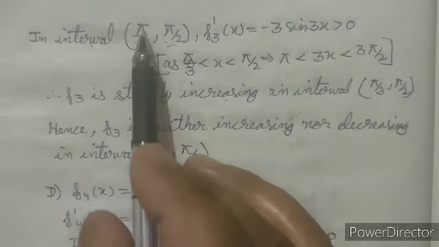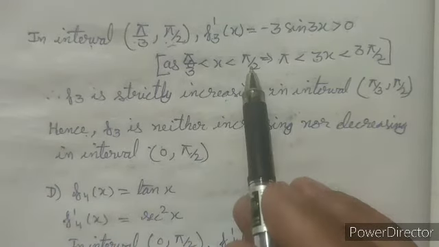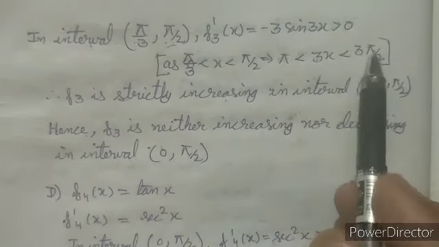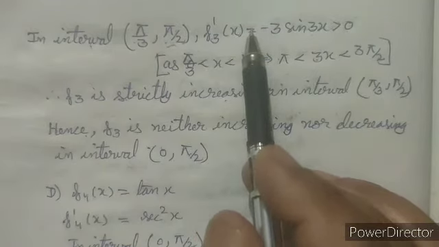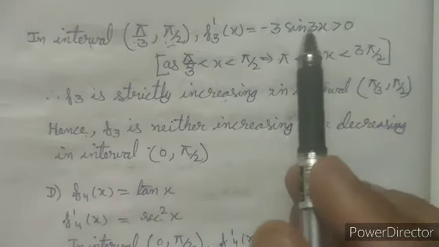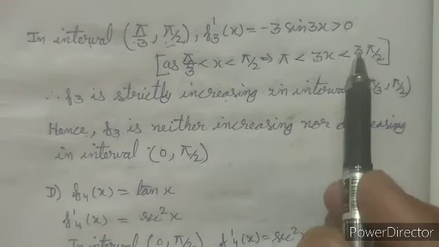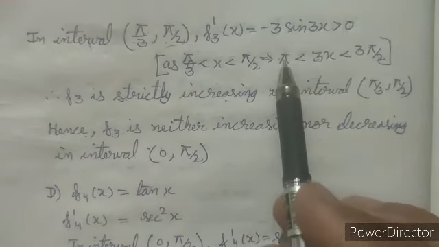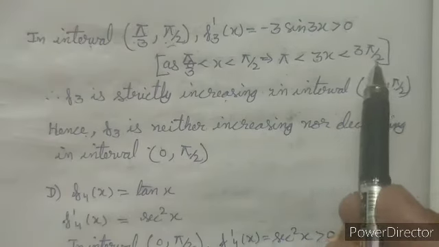Now in interval pi by 3 to pi by 2, x will lie between pi by 3 to pi by 2, and that means 3x will lie between pi to 3 pi by 2. Now f3 dash x, that is minus 3 sin 3x, will be greater than 0, as sin 3x is less than 0 in interval pi to 3 pi by 2, and thus we can say minus 3 sin 3x will be greater than 0 in interval pi to 3 pi by 2.